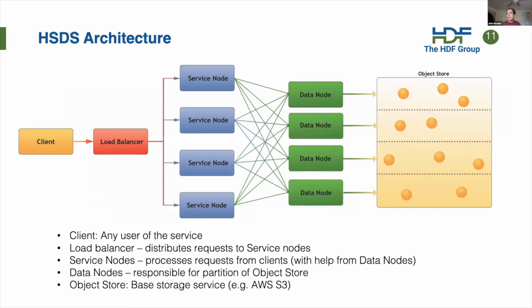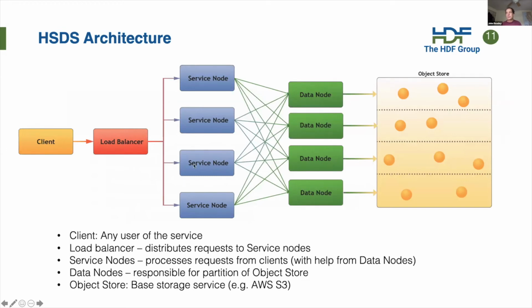Okay. So next, let me talk about the architecture. I mentioned it's containers, and there are 2 types of containers used by the HSDS: service nodes and data nodes. The service nodes are the endpoints of the client. So a request comes from the client. It may go through a load balancer and land on any one of these service nodes.